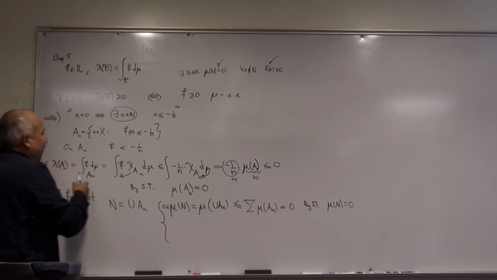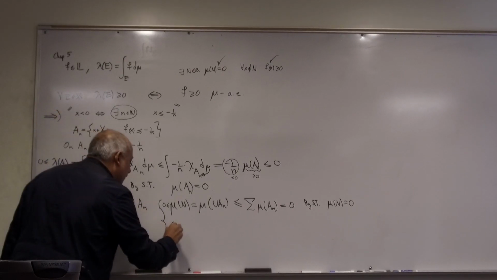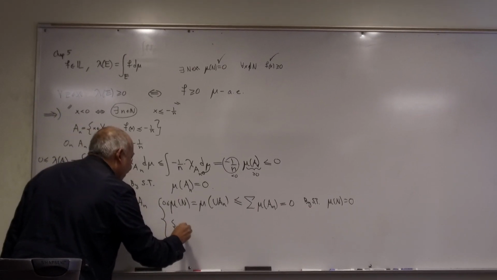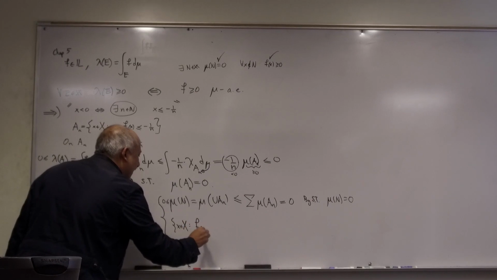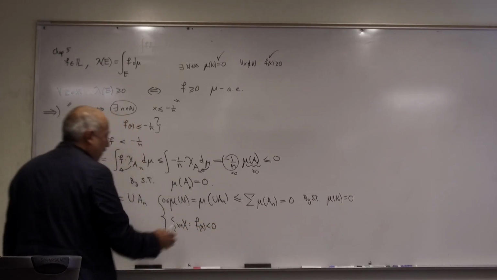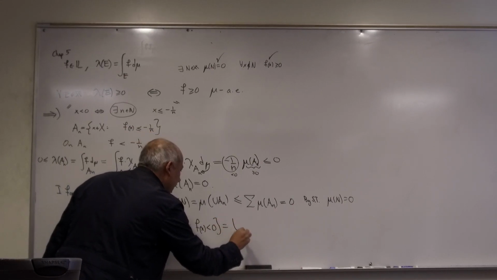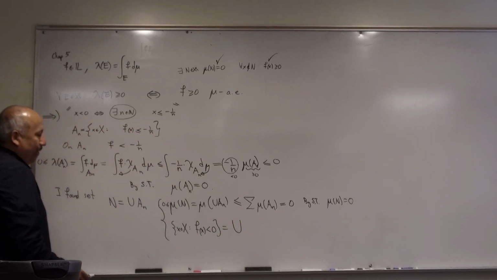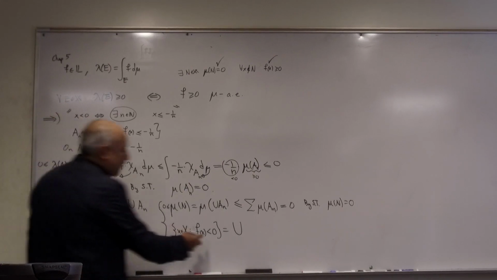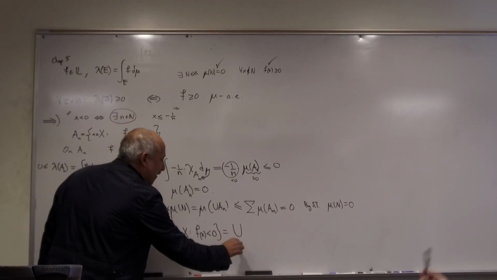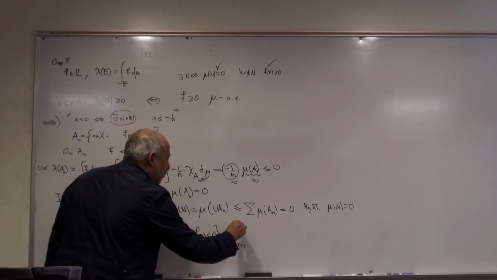So therefore, the set of points where the function is negative, by using this fact, is the same as the union. If something is negative, therefore there exists an n such that what?